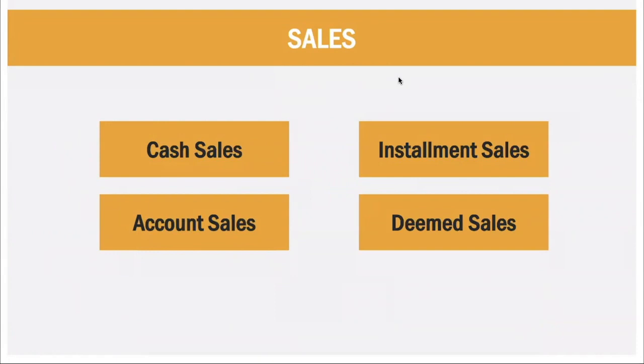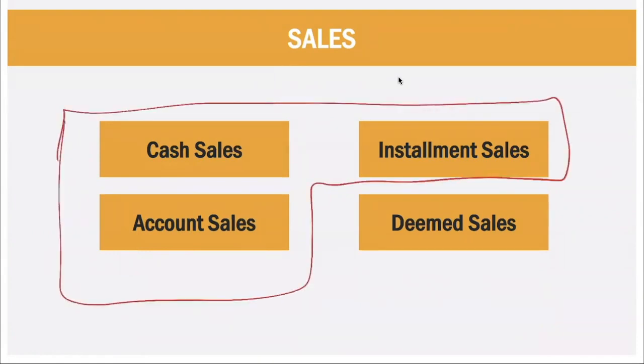Normally, your sales before, as we have discussed, we only included these three items. But we insert now a deemed sale. So you already know what is a cash sale, a sale that you receive in the form of cash. Account sales, sales on account or on open account or sales on credit. Installment sales, sales made in installment. And lastly, your deemed sales. This is the new item that is inserted under your tax code.